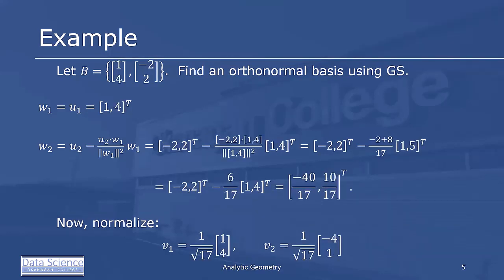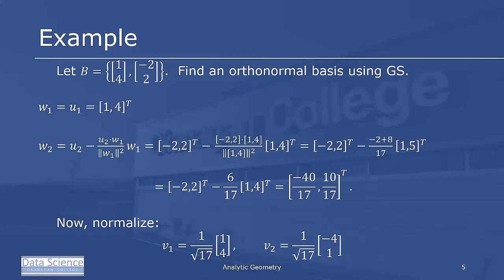Here's another example. We'll let B be the set consisting of (1, 4) and (-2, 2). We're going to try and find another orthonormal basis using Gram-Schmidt. So our w1 is the vector (1, 4).